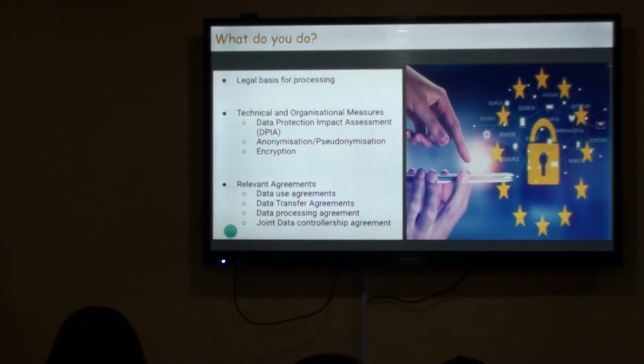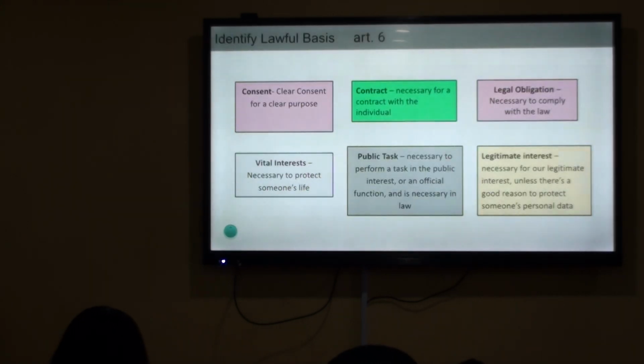Even if there's a data breach, the DPA or your Data Protection Authority will take it lightly on you because they will believe that you have done everything you're supposed to do. And then organizational safeguards will include data use agreements, data transfer agreements, data processing agreements, or joint data controllership agreements. But I'm going to talk about that later.